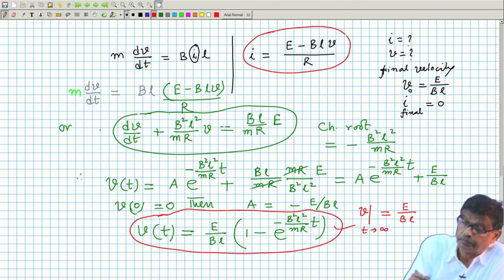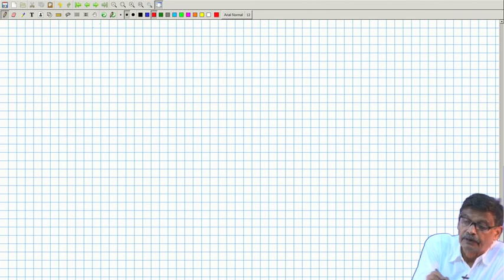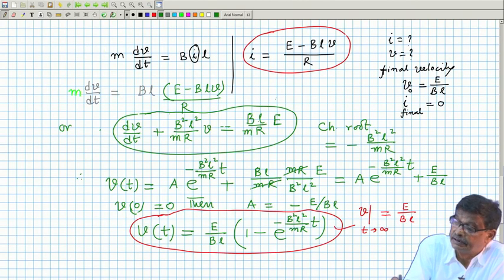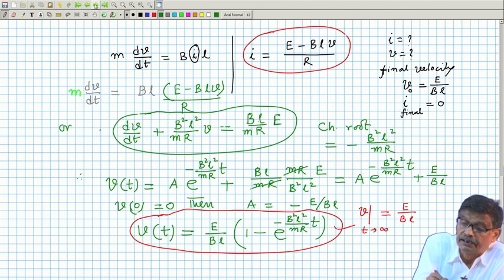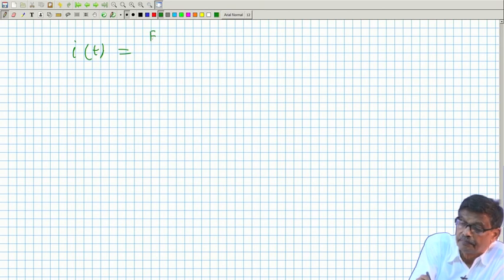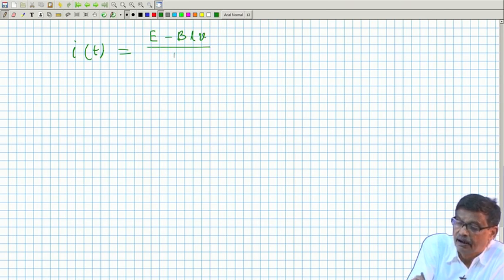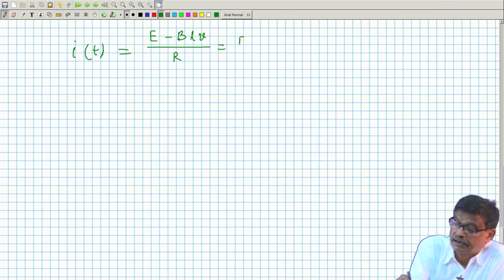So the current I(t) will be equal to, we got it here, E minus B L V by R, which is equal to E by R minus B L by R into this V(t).